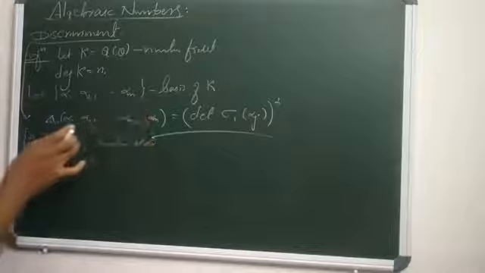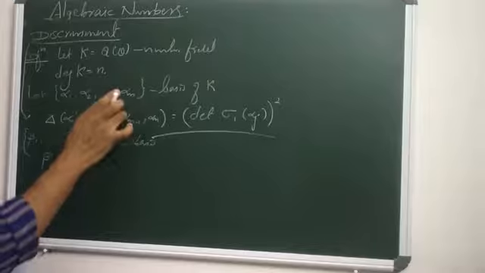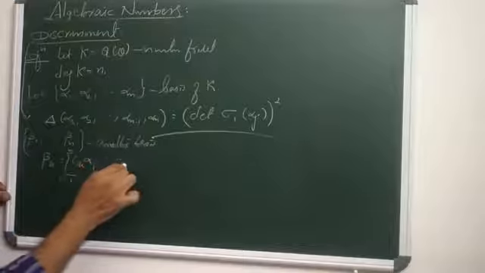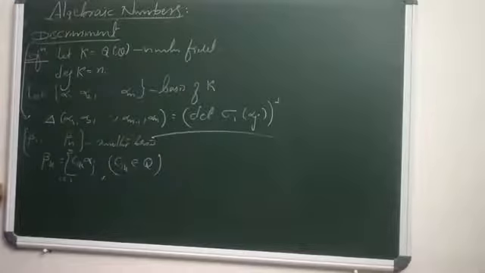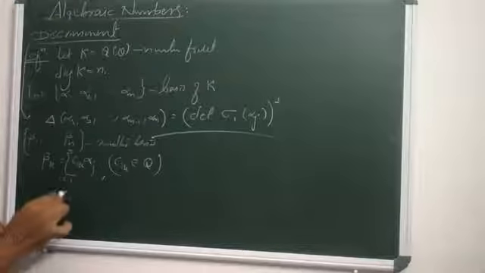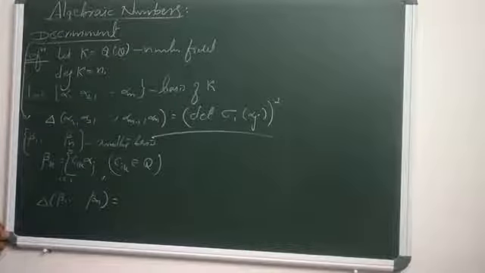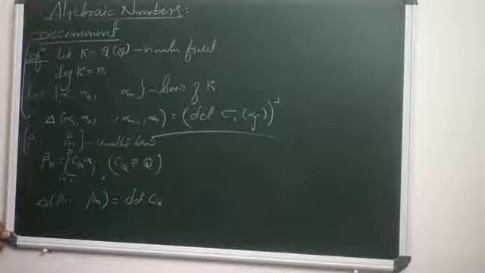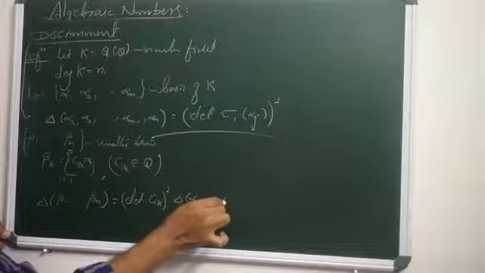What is C ik? This C ik is a rational number, C ik in Q. Then the discriminant of this basis beta 1, etc., beta n is defined as the determinant of C ik, whole square, into the discriminant of alpha 1, etc., alpha n.